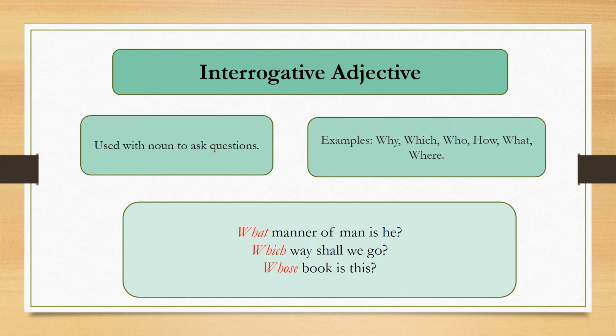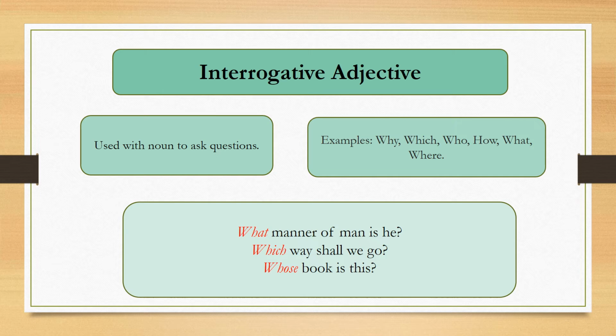For example, in the following sentences, what manner of man is he? What is your name? Similarly, which way shall we go? Which is an example of interrogative adjective. Whose book is this? Whose shows that it is an example of interrogative adjective.